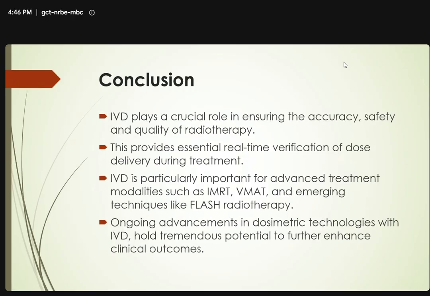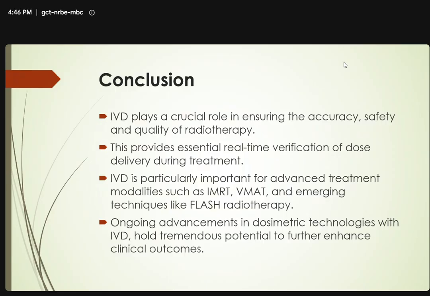So we can conclude that this in vivo dosimetry plays a crucial role in ensuring the accuracy, safety, and quality of the radiotherapy. This provides essential real-time verification of dose delivery during the treatment.